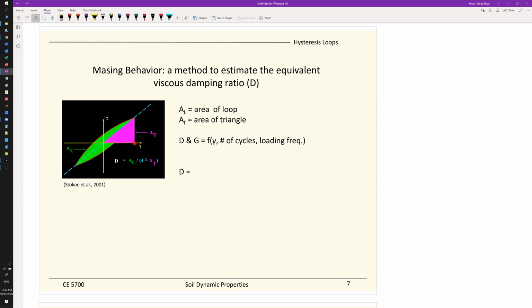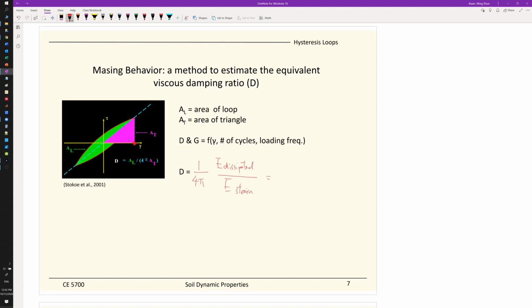And the damping ratio, again, comes from an energy perspective. The formula will be equal to 1/4 pi times the energy being dissipated divided by the strain energy.